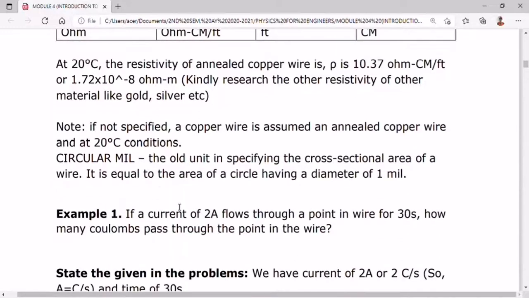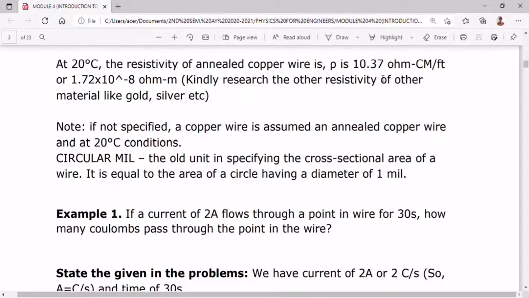At 20 degrees Celsius, the resistivity of annealed copper wire is 10.37 ohm circular mil per foot, or 1.72 times 10 raised to negative 8 ohm meter. Kindly search for the resistivity of other metals like gold.